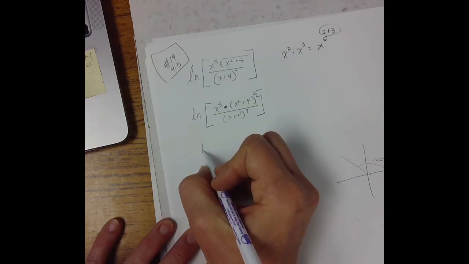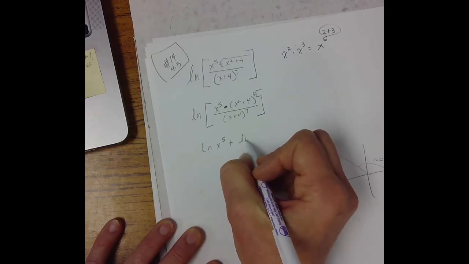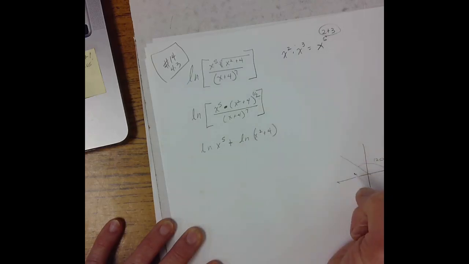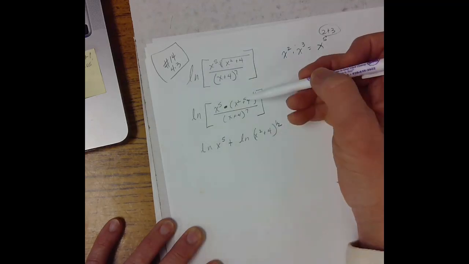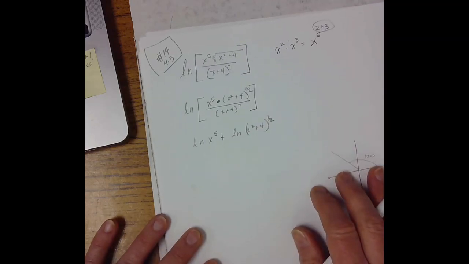So I'm going to start off with the ln of x to the 5th plus the ln of x squared plus 4, in parentheses, all to the 1/2 power. Now if I'm dividing, what do we need to do?